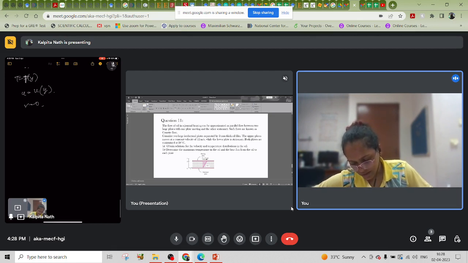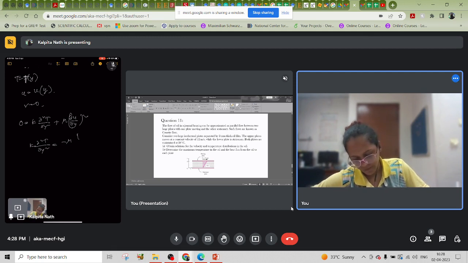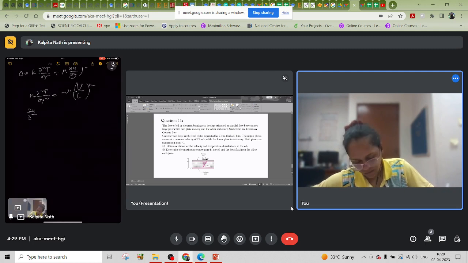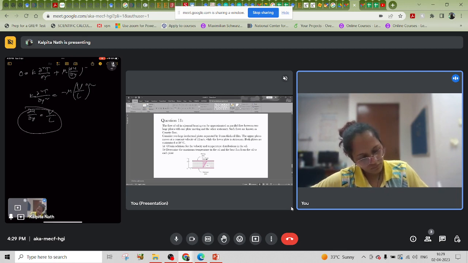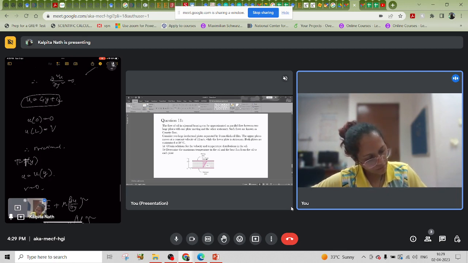Thus, the energy equation with dissipation reduces to k del square T by del y square plus mu times del u by del y whole square equal to 0. So k del square T by del y square is equal to minus mu times V by L whole square. Del u by del y is equal to V by L.